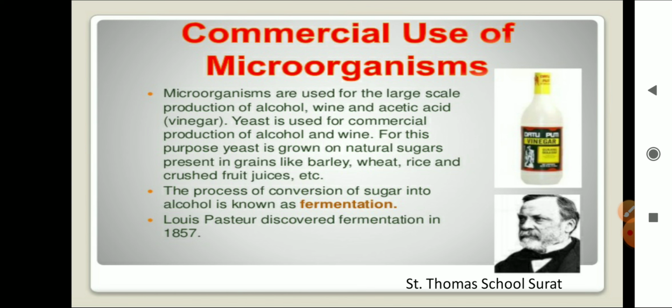For this purpose, yeast is grown on natural sugars present in grains like barley, wheat, rice, and crushed fruit juices, etc. Then the process of conversion of sugar into alcohol is known as fermentation. What is fermentation? The conversion of sugar into alcohol is known as fermentation.